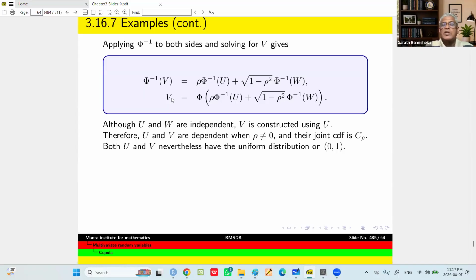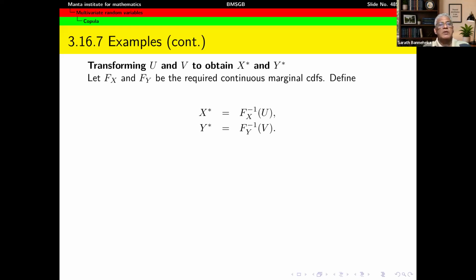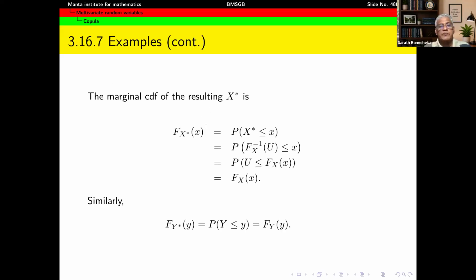And after obtaining U and V like this, we can transform them to the required X star and Y star, where X star has the required marginal CDF and Y star also has the required marginal CDF. Like this, we transform U and V generated in the previous steps to X star and Y star.